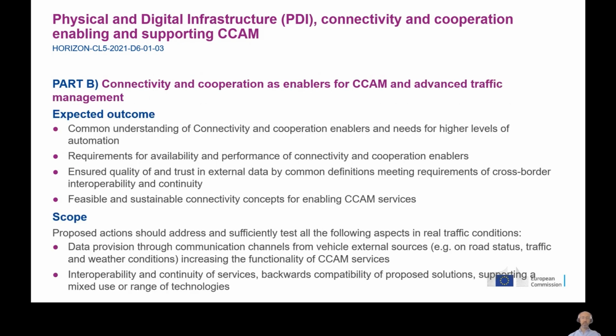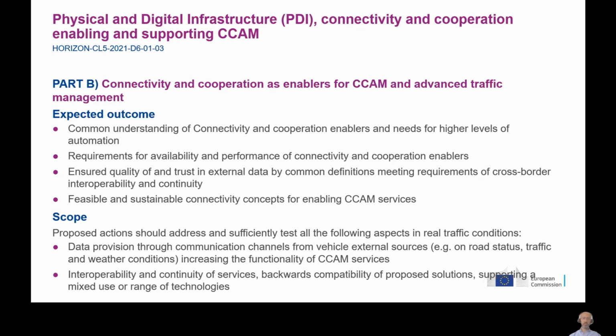For part B, as I said, this focuses specifically on connectivity solutions and even more specifically on cooperative solutions. So the infrastructure and the vehicles, the CCAM solutions, communicating with each other to really get the most timely information exchange and cooperation models.